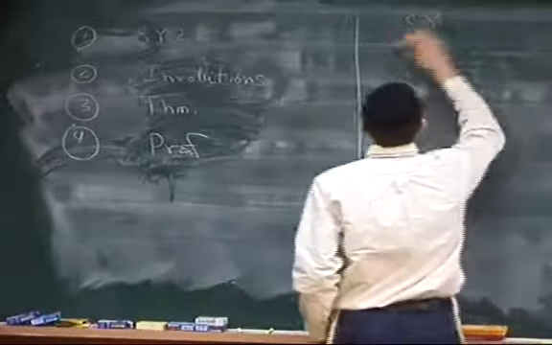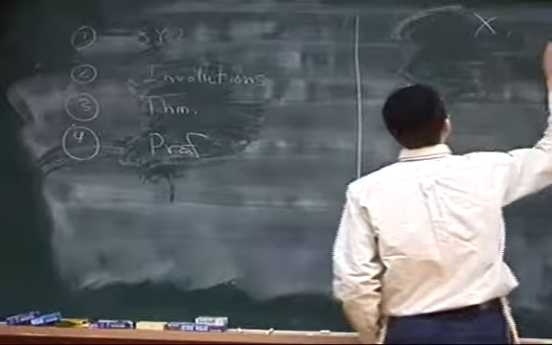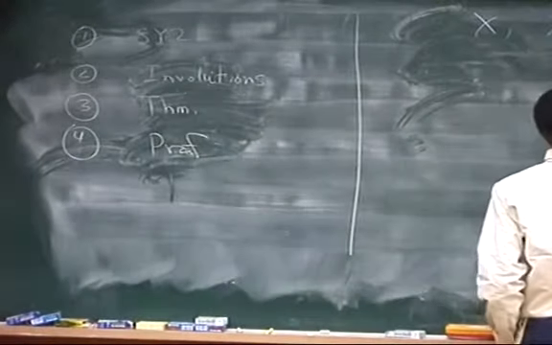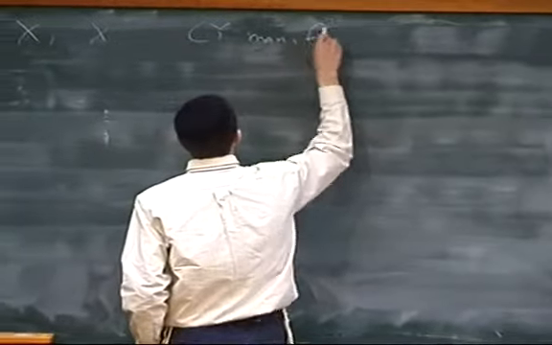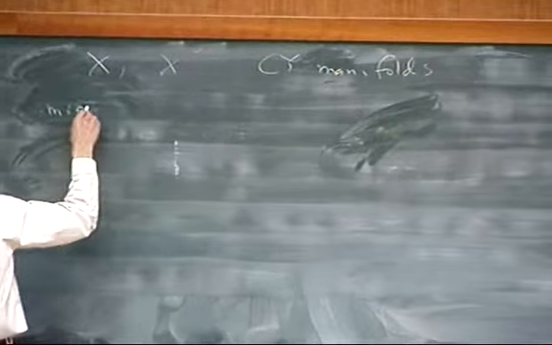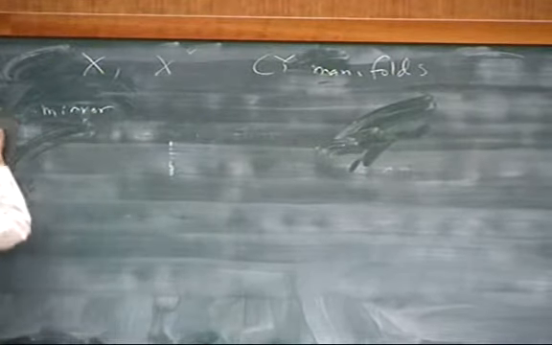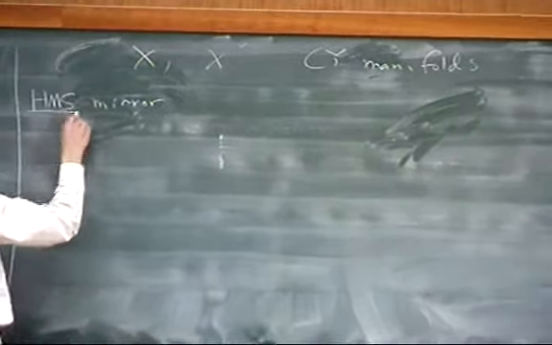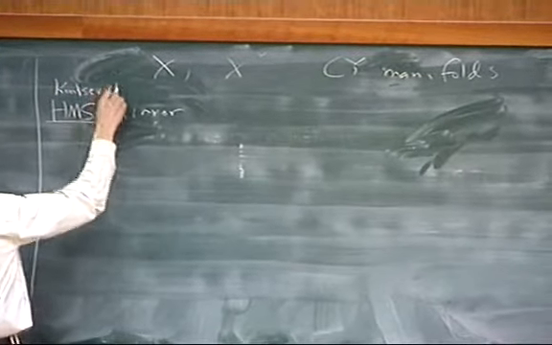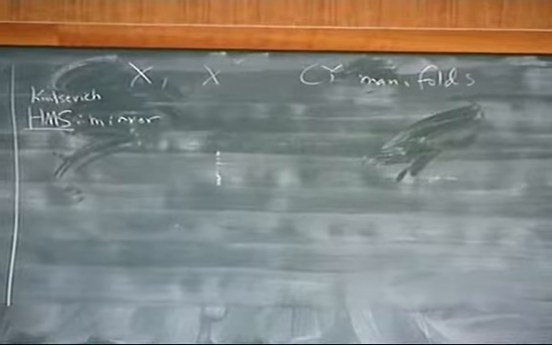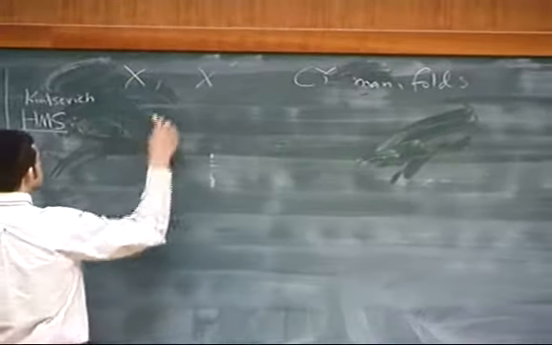Well, first of all, let's say that X and X check are Calabi-Yau manifolds. If they're mirror, well, really Kontsevich's homological mirror symmetry conjecture says that these guys are mirror.